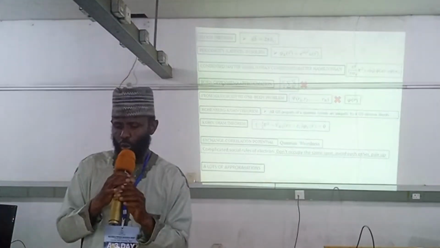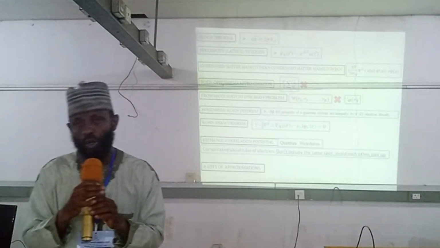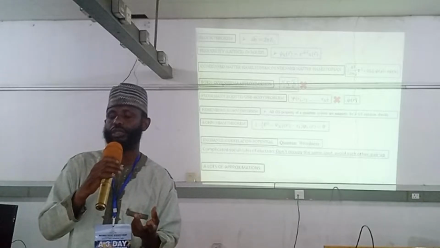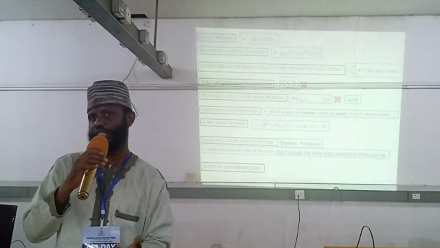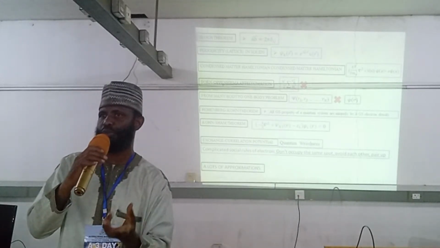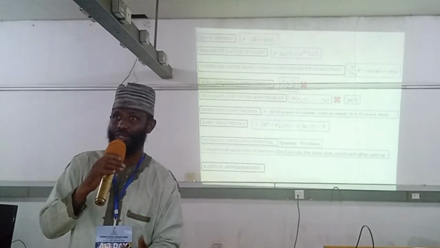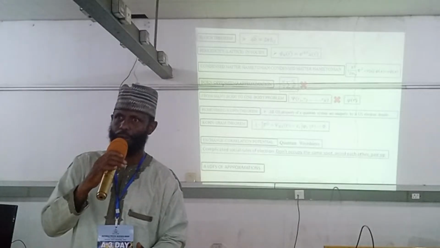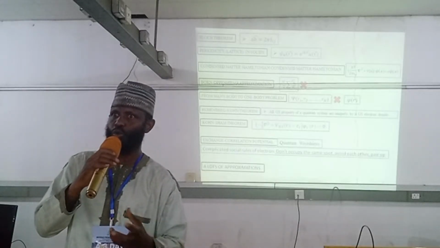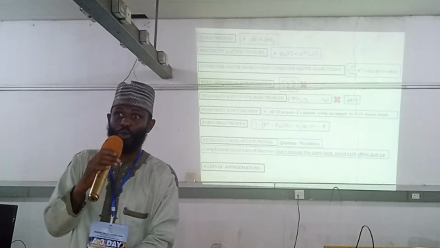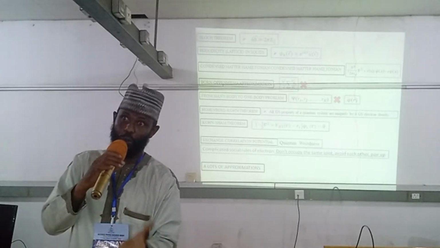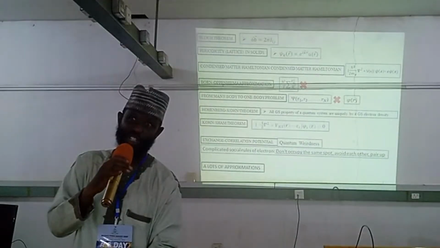Right? So we have what we call the Born-Oppenheimer approximation. The first approximation in DFT tells you that if you compare the nuclei and electron, the nucleus is more than 2,000 times heavier than the electron. So it's good to disregard the effect of the nuclei when you are trying to solve the Schrodinger equation for a many-body system.